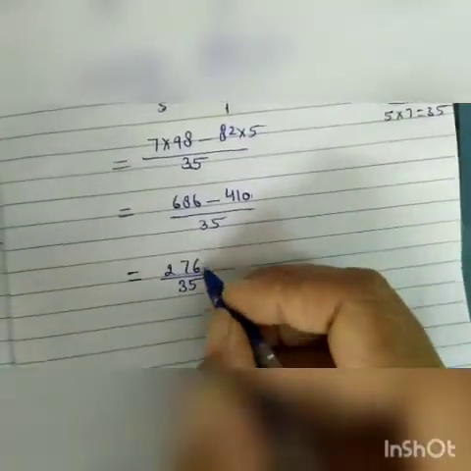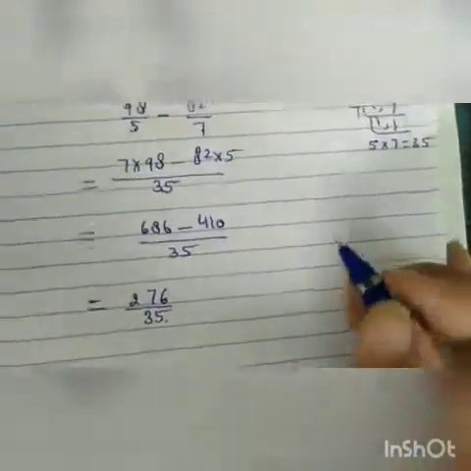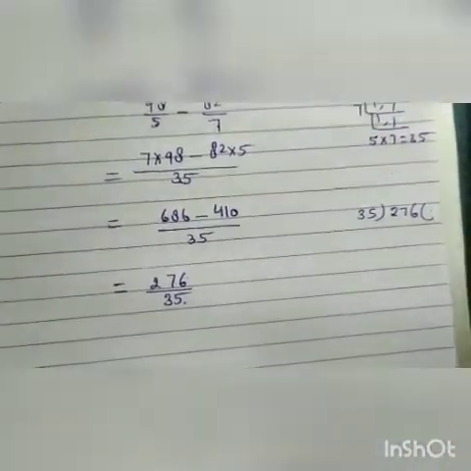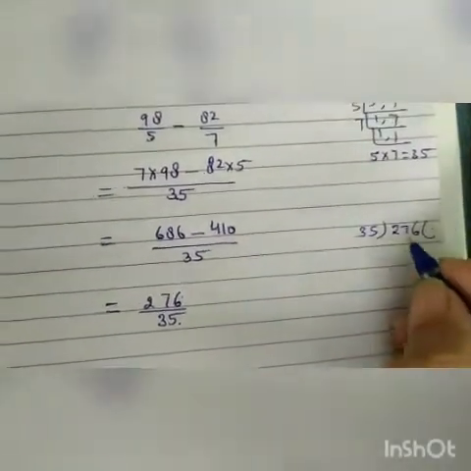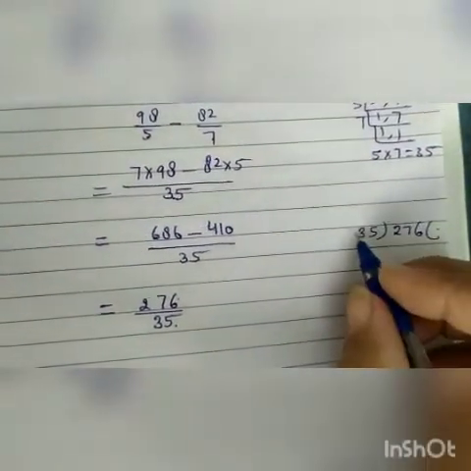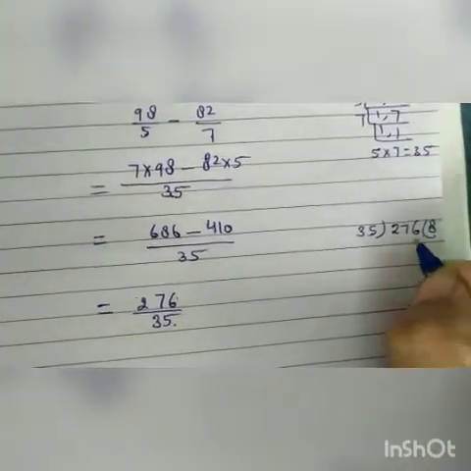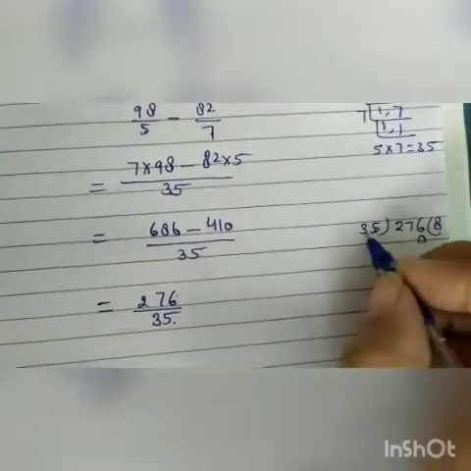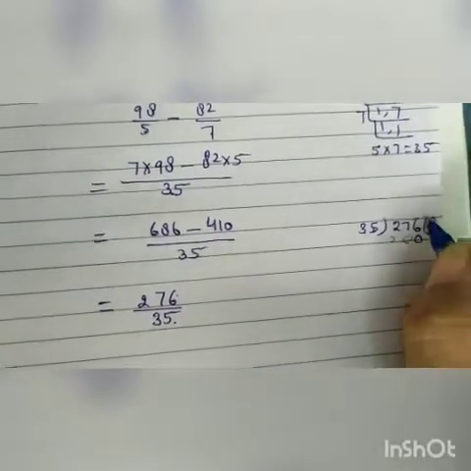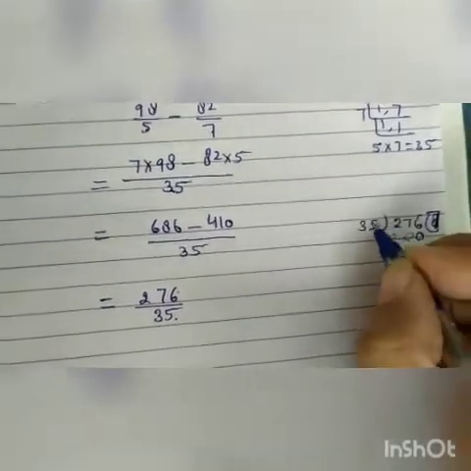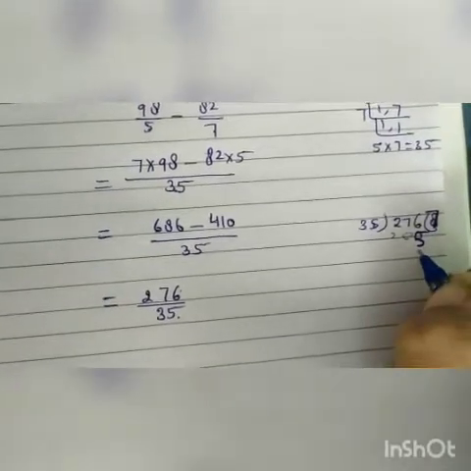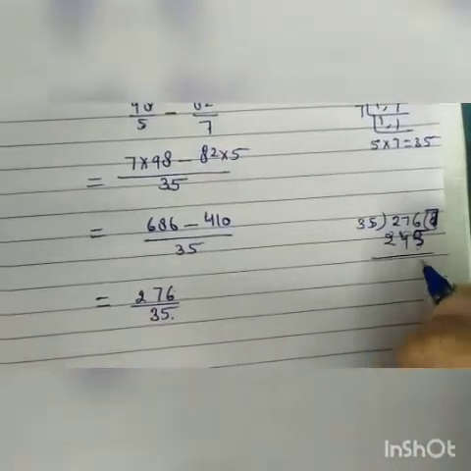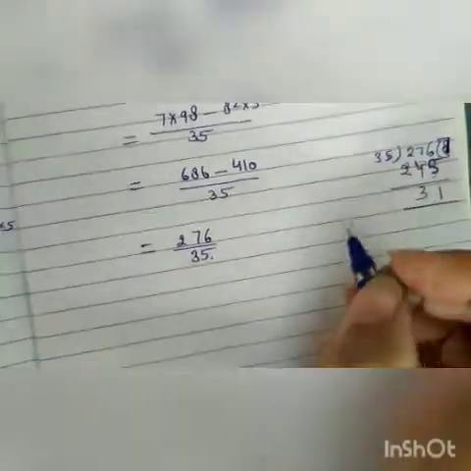Now divide. It is an improper fraction, so we will divide it. 276 divided by 35. Then it will be 8 5 ja 40, carry 4. 8 3 ja 24 and 4 280. It is greater. It means 7 5 ja 35, carry 3. 7 3 ja 21 and 3 24. 6 minus 5 1, 7 minus 4 3.